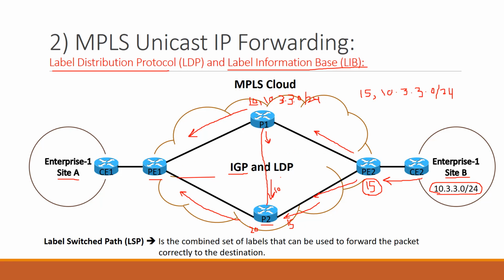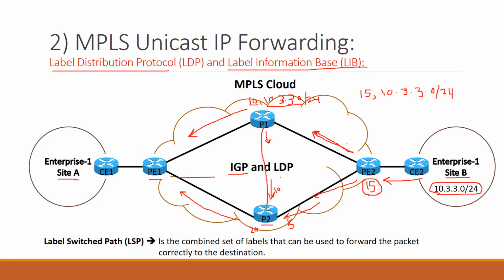Let's go back to BE2. What does this update message that was sent from BE2 to P1 mean? Actually, BE2 tells P1, if you want to go to this IP prefix 10.3.3.0, insert label number 15.